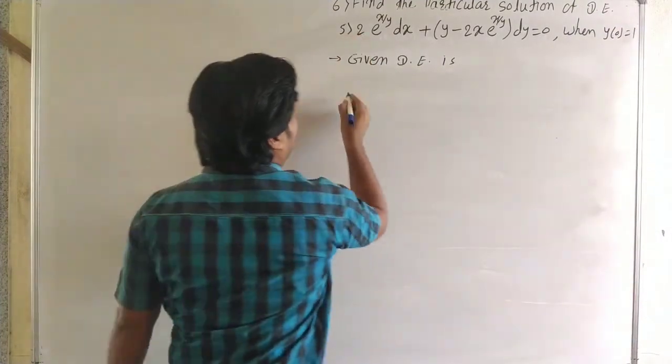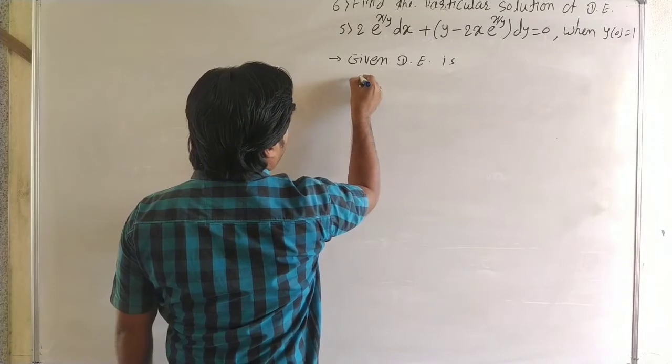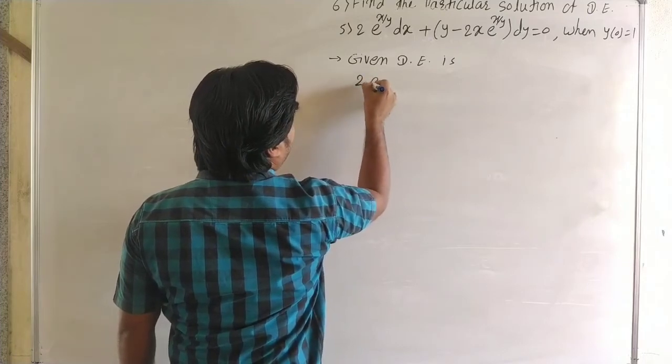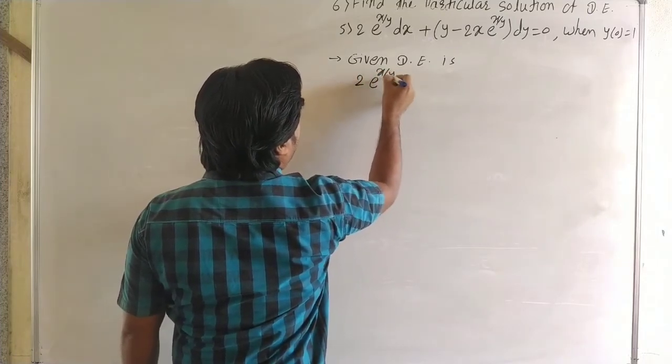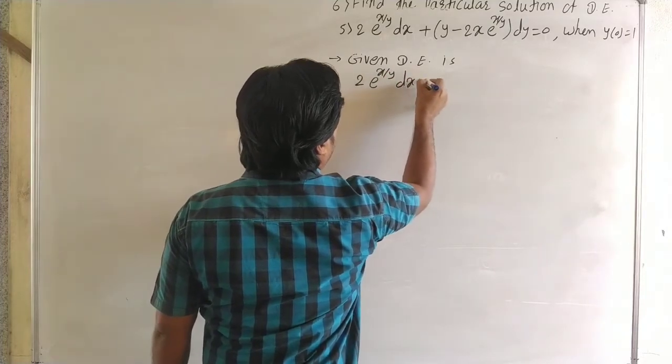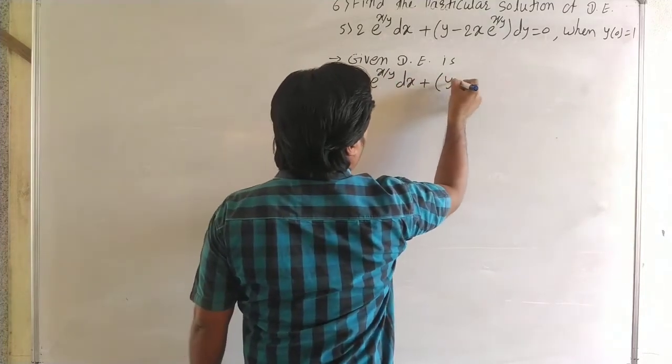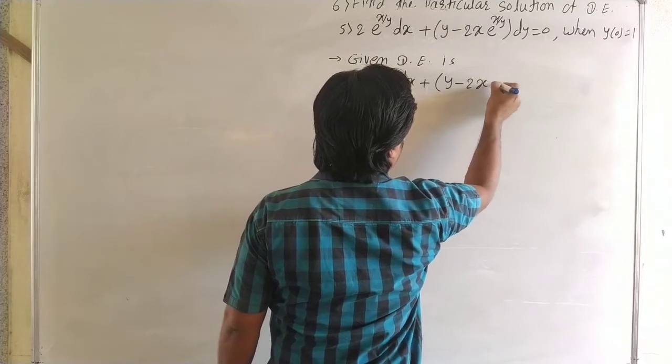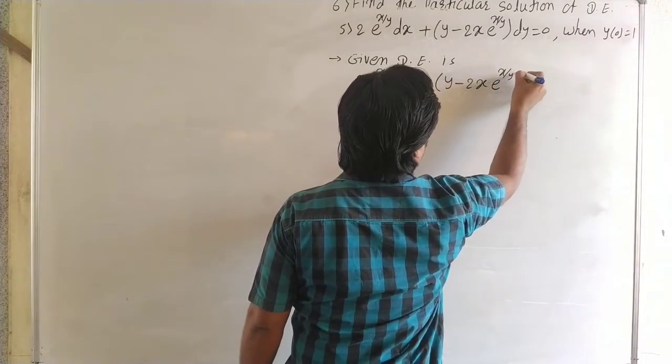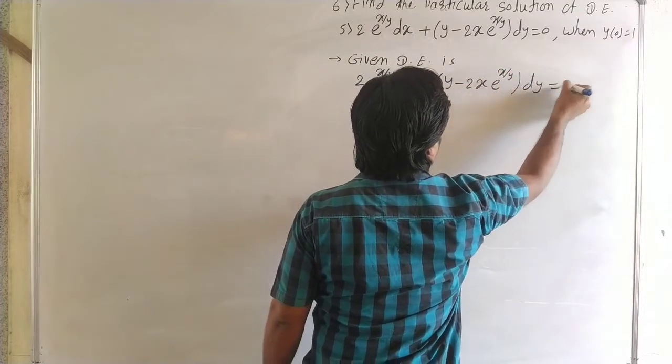Now here the given differential equation is 2 e to the power x by y dx plus y minus 2x e to the power x by y dy is equal to 0.